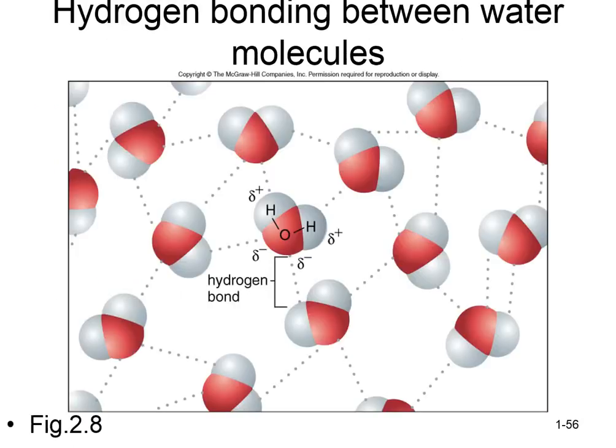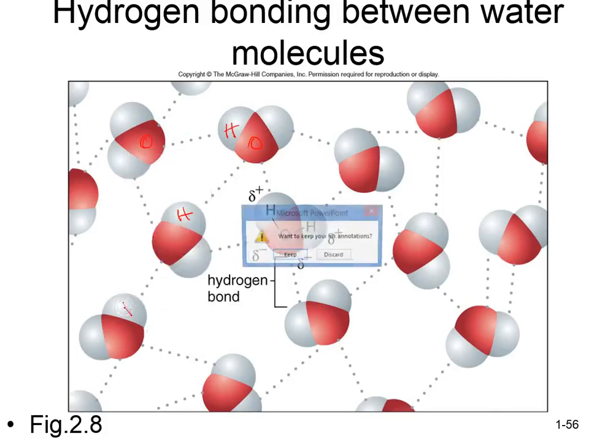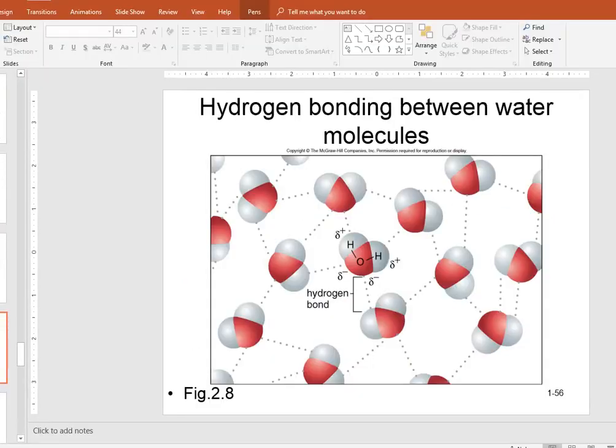And here we are just showing again what is happening to hydrogen bonding. You can see here the hydrogen interacting with oxygen. Oxygen here interacting with hydrogen. Hydrogen here. Let me just make it big.